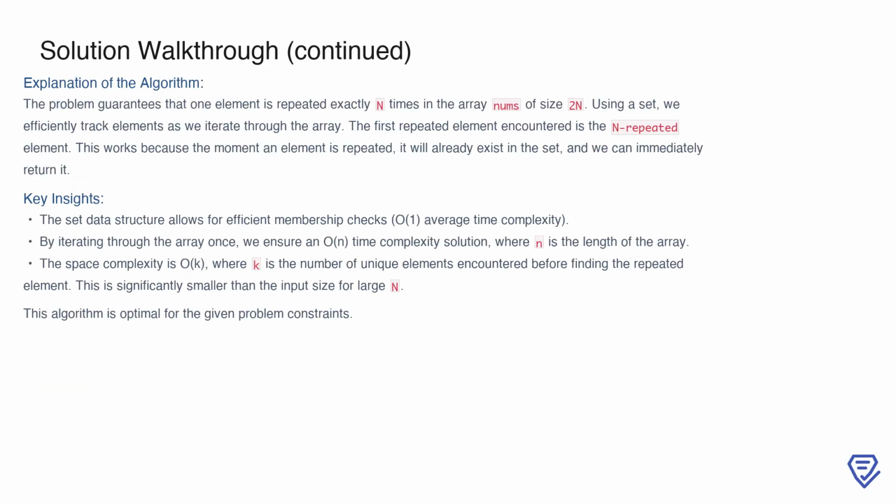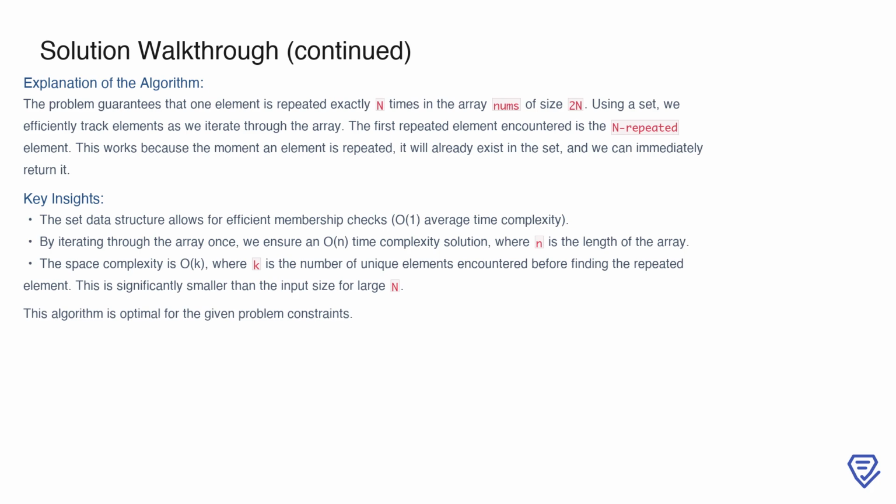The algorithm effectively solves the problem by leveraging the guarantee that exactly one element is repeated n times in the array. By using a set, we can efficiently track whether an element has been encountered before. As soon as we find a repeated element, we return it, since it must be the n-times repeated element. The key insight here is the efficiency of the set data structure, which allows for constant time membership checks.